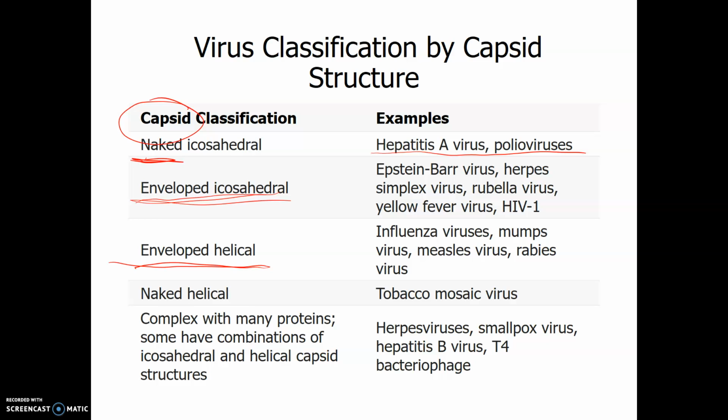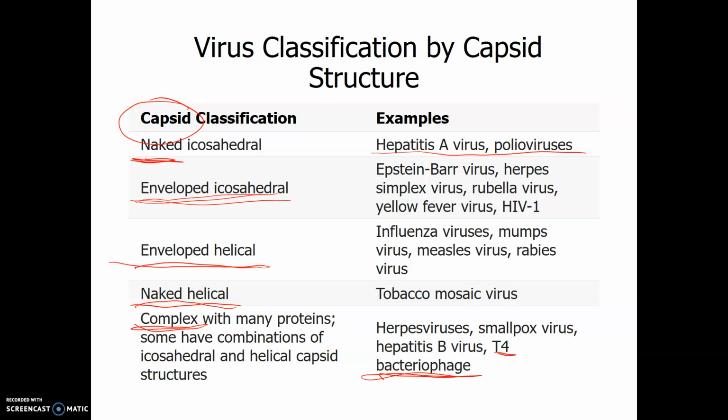And then naked helical, you saw that was the very first image that we looked at of a virus, is the tobacco mosaic virus, which infects different types of plants, including tobacco. And then complex capsid structure, like the structure of the bacteriophage that we learned about, the T4 bacteriophage, that was a complex structure.